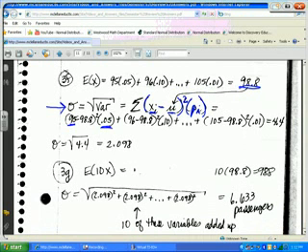You have to do that all the way through. Once you do that, that's still just the variance. So this 4.4 is still just the variance. You have to square root it to get the standard deviation.